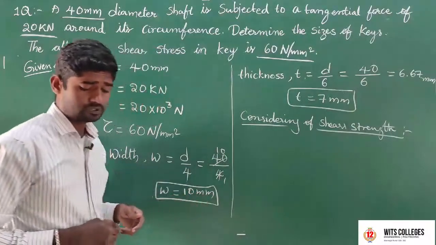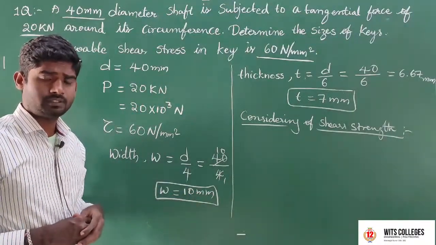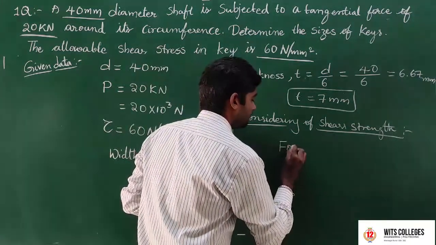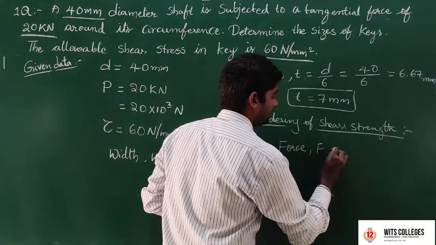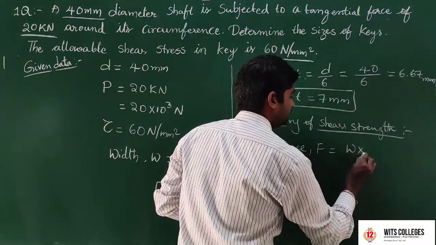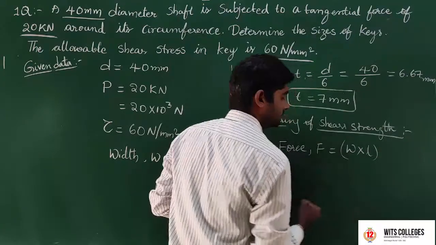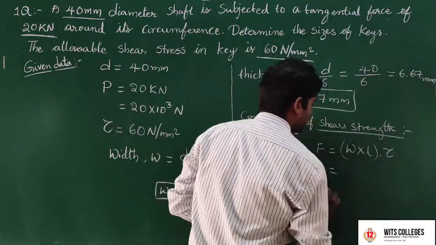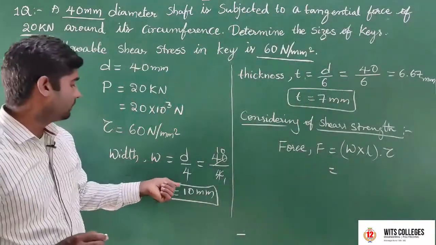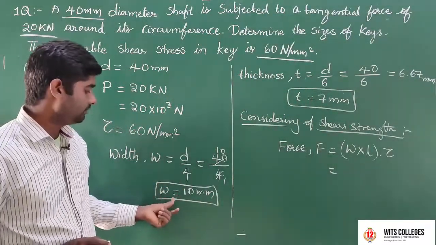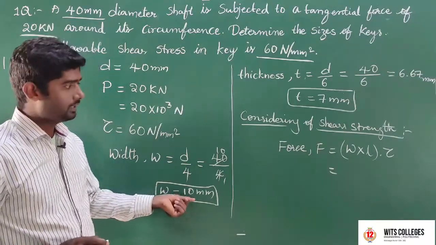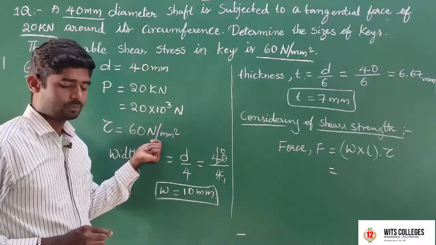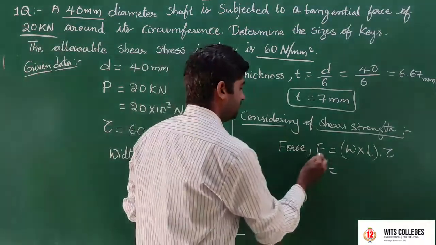Using this, our formula is force F is equal to W into L into shear stress. W, the width, we already know is equal to 10 mm. Shear stress we already know from our given data is 60 newtons per mm square. Next, find out L.